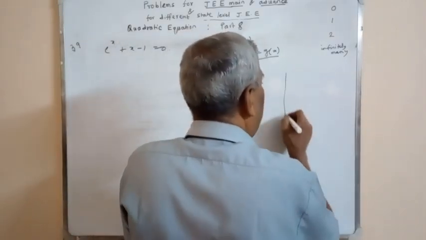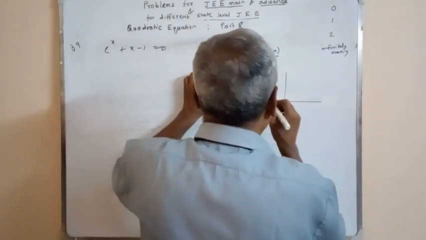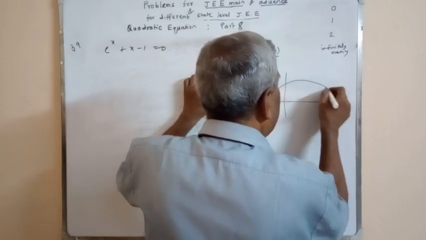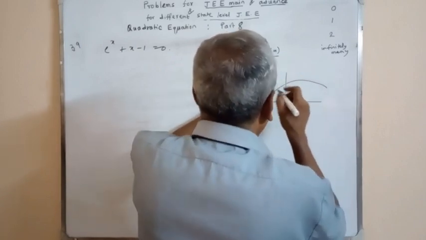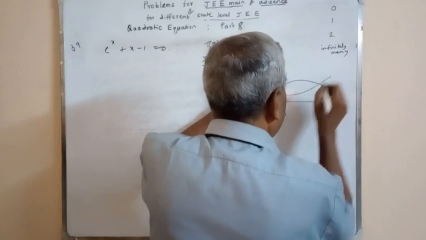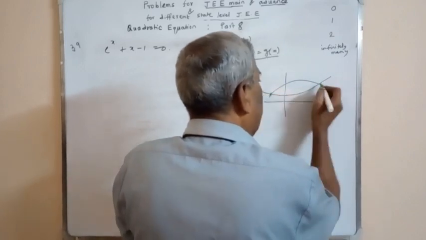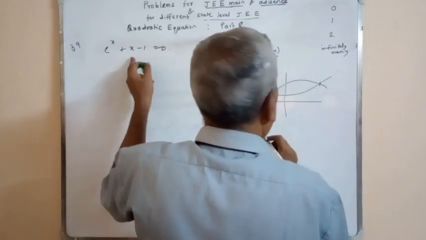Suppose y equals f(x) is a curve like that, and y equals g(x) is a curve like that. They meet at these 2 points, so it has two roots.